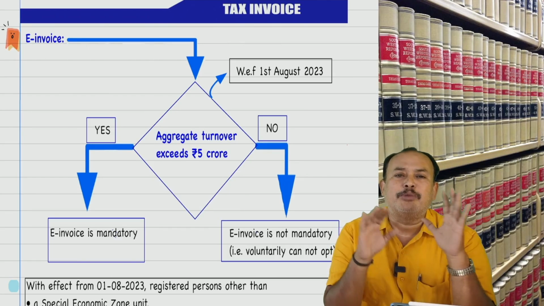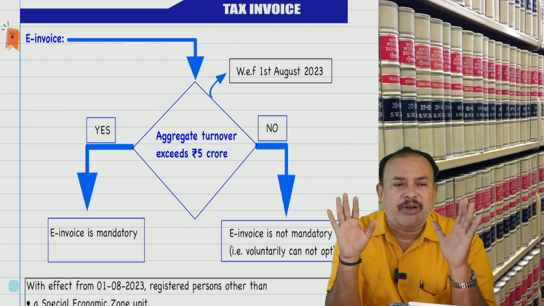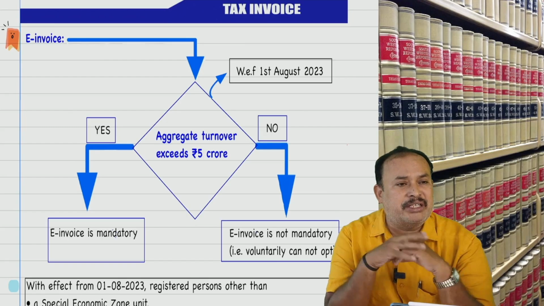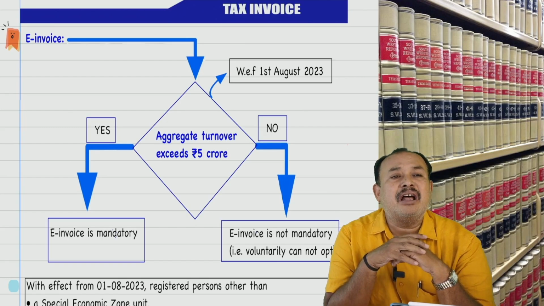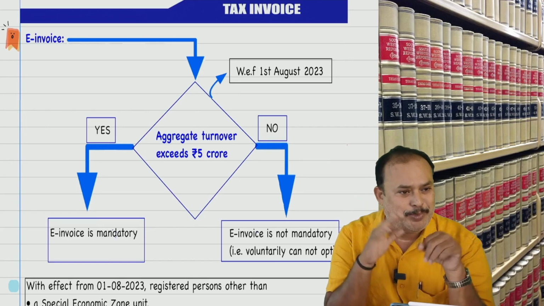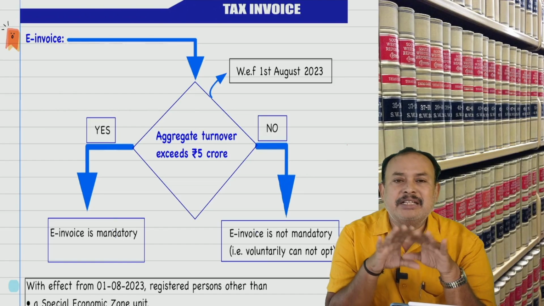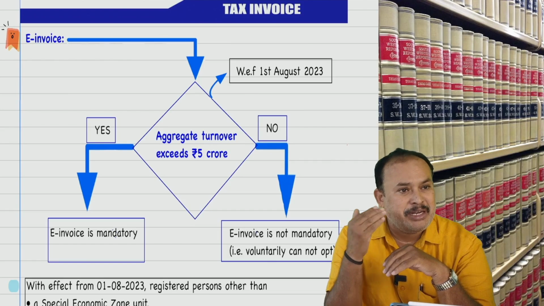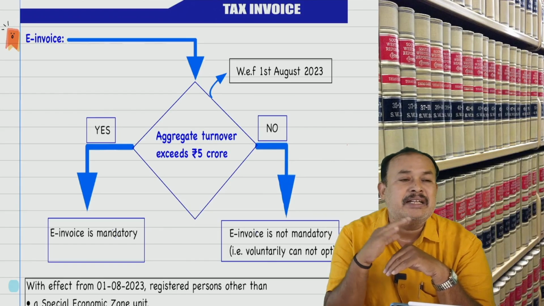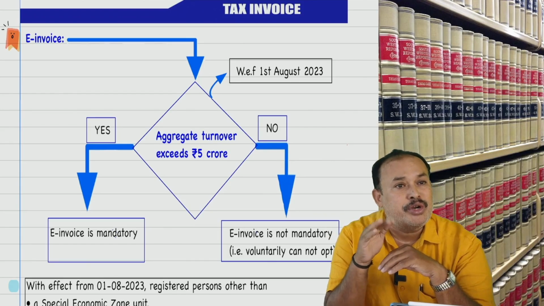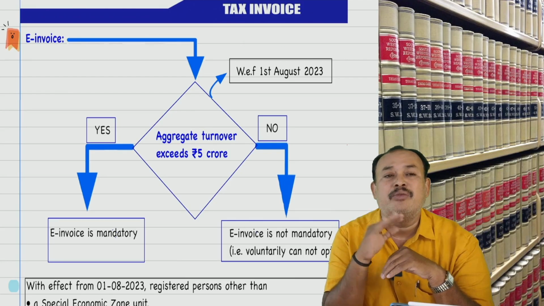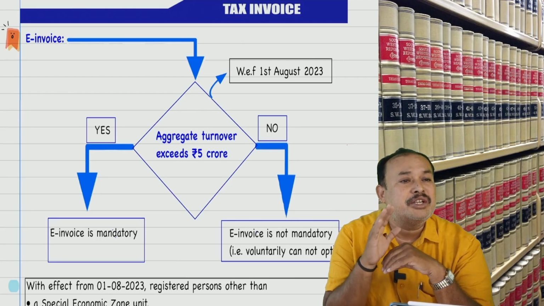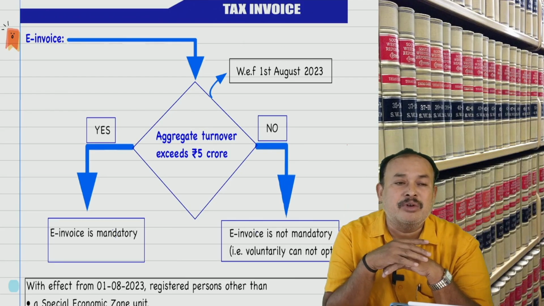Sir, first and foremost, understand that E-Invoice, electronic invoice, is not applicable to all taxpayers. It is applicable presently for the coming exam of May 2025 CA Inter onwards, June 2025 CMA Inter onwards, or CS Executive June 2025 exam onwards.